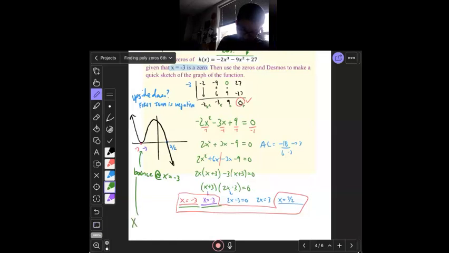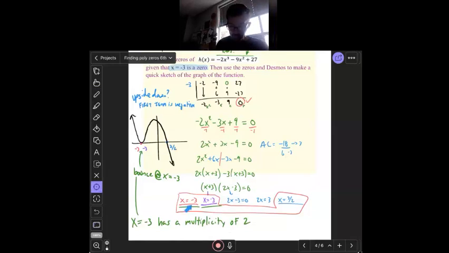So how we say this is that x equals -3 has a multiplicity of 2. It may seem like a kind of scary word, right? A big word, multiplicity. Ooh, what's multiplicity? At its core, multiplicity is really simple. How many times does that number show up as an answer? -3 shows up twice as an answer, so its multiplicity is 2.